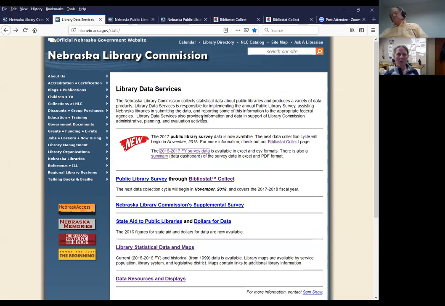If you want to look at all those numbers and compare and see if there are any anomalies, see how your library compares to each and every peer, you can always contact me and I'll pull that data and send it to you in an Excel form. Sometimes there are peers that come from Iowa, and you might want to look at the Iowa peer data in a more specific way. Just contact me and I can pull that spreadsheet and send it to you.